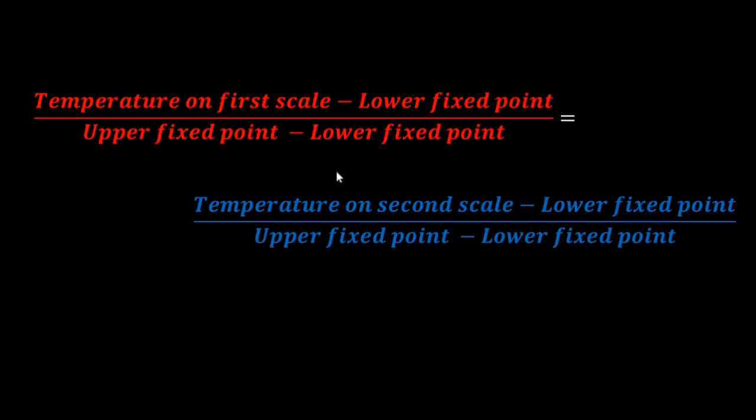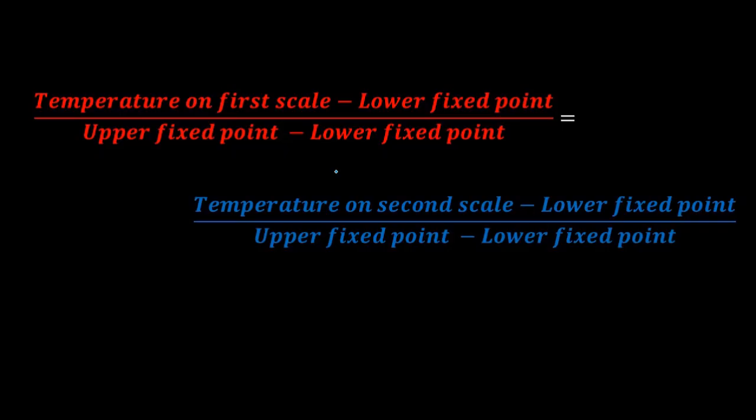You can use it where you pick the temperature on one scale, whatever temperature you have, and you want to convert to another scale. That temperature you keep here, minus the lower fixed point of that temperature scale, divided by the difference between the upper fixed point and the lower fixed point.